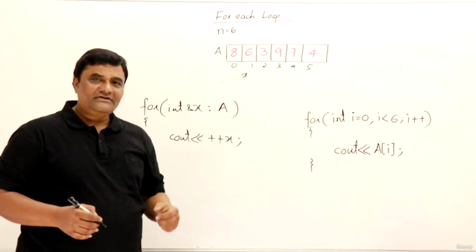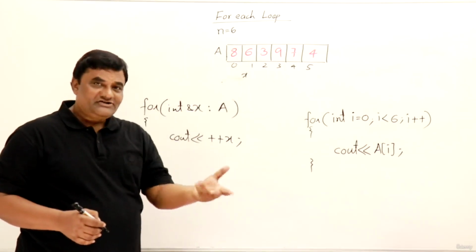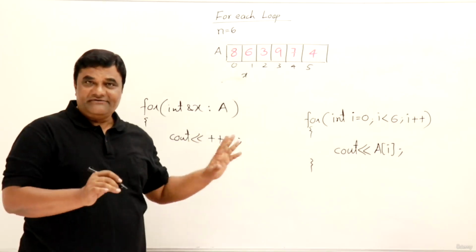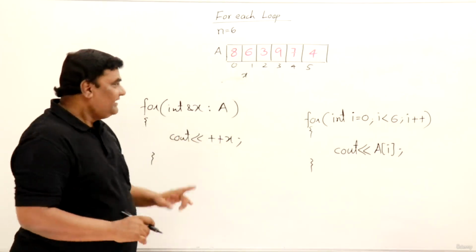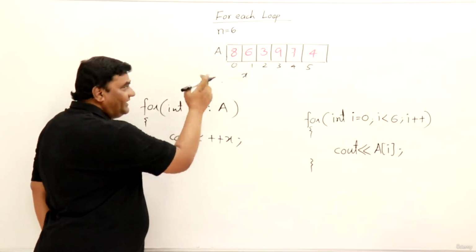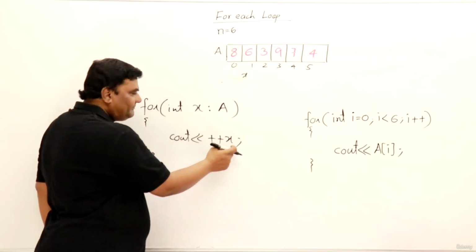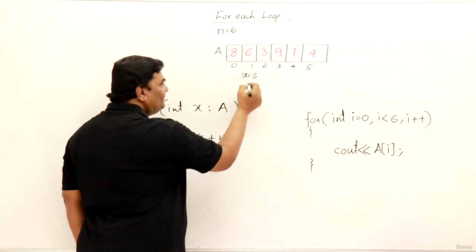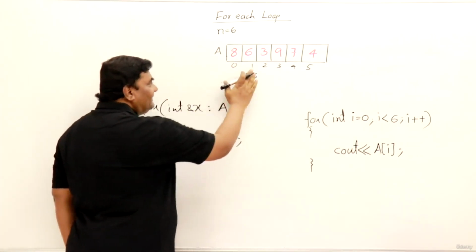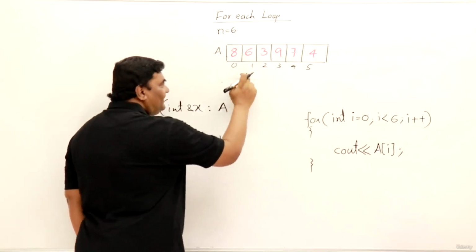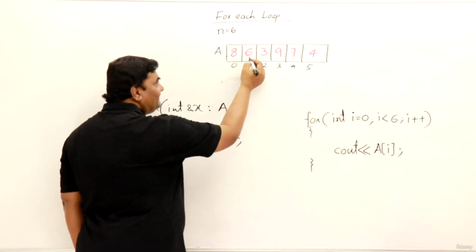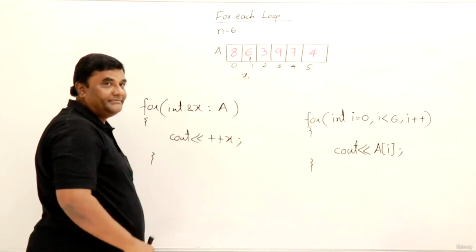We have a topic called references in the pointer section. There you will understand. I will not explain reference right now. Just remember this. If you don't give a reference, that value will not be modified if you write plus plus, because it will get a copy of that value. But if you write an ampersand, then that value itself is called x. When you say plus plus x, that 6 will become 7.